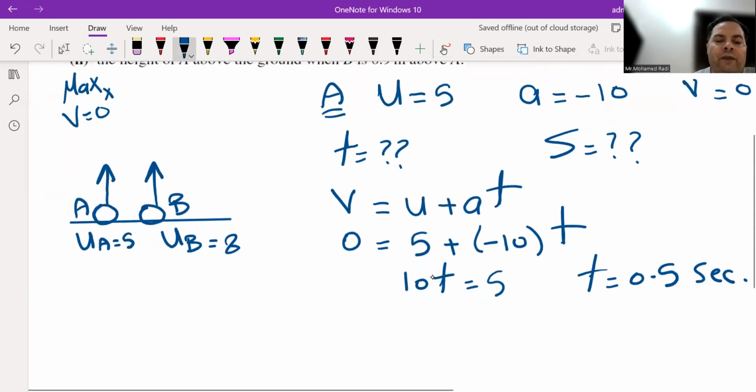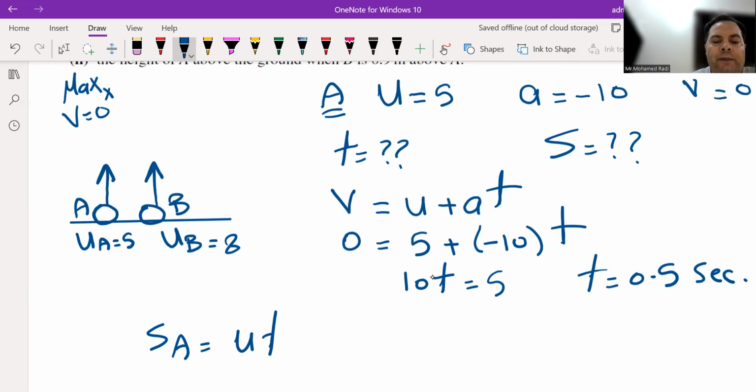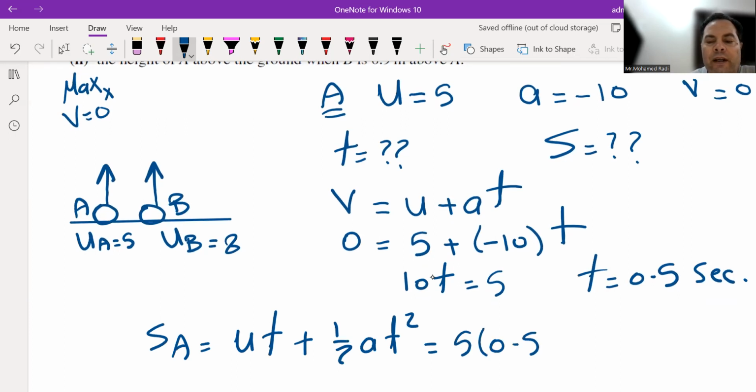And also you can find the displacement of particle A, which is ut plus half of at squared. The initial velocity is 5 times 0.5 plus half of acceleration -10 times 0.5 squared.